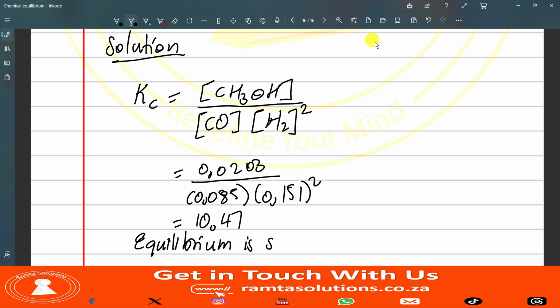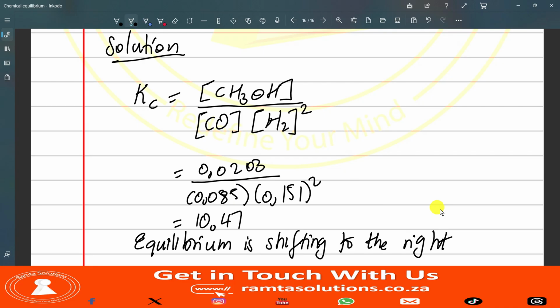So the forward reaction is favored. Okay, perfect.